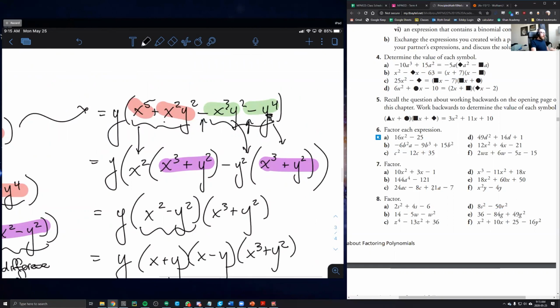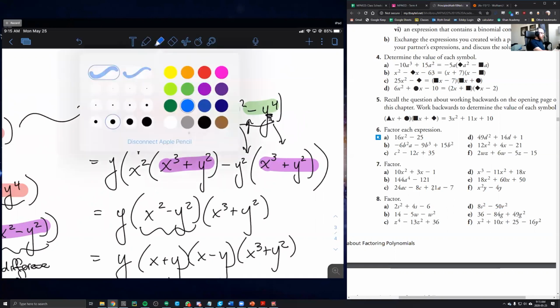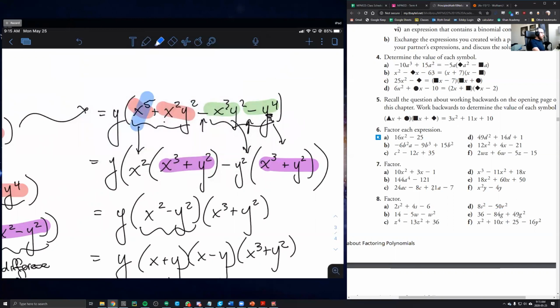The only one that I don't think will work would be if you tried to group together x to the 5 and y to the 4. I don't think you'd have anything to common factor there, right? So I don't think grouping the first term and the last term together would work, but the other groupings do work.